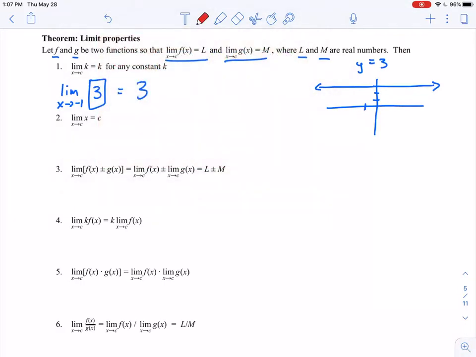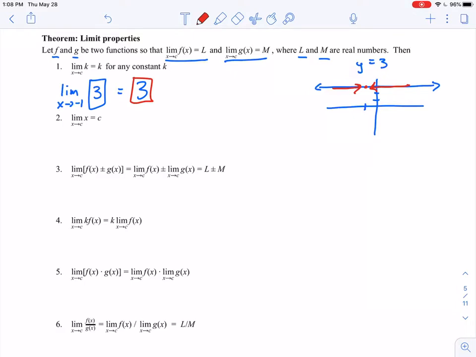As I approach -1 from either side, it looks like I'm approaching this point right here, and that point has a y value of 3. That's why I have that limit. So it's pretty easy to think about what the graph looks like and then use that as evidence to back up your answer here.